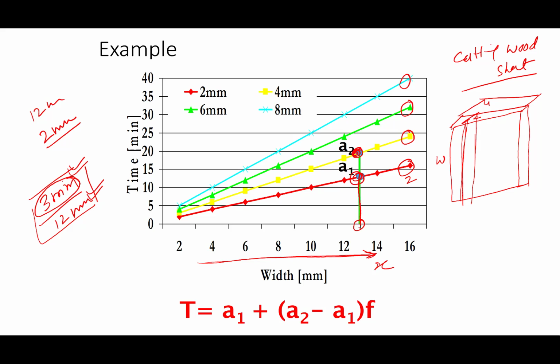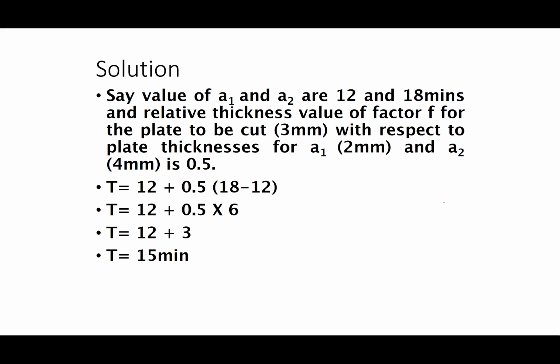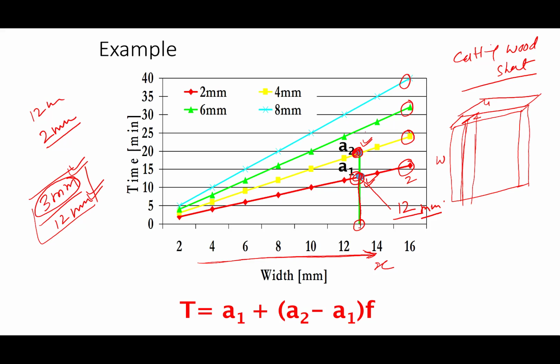Obviously the time it will take will be greater than A1, the time required for cutting the 2 mm sheet, and lesser than the time it will take to cut the 4 mm sheet. Say the time corresponding to 12 mm width is the same for all cases.